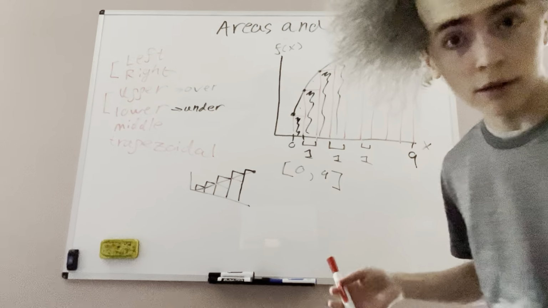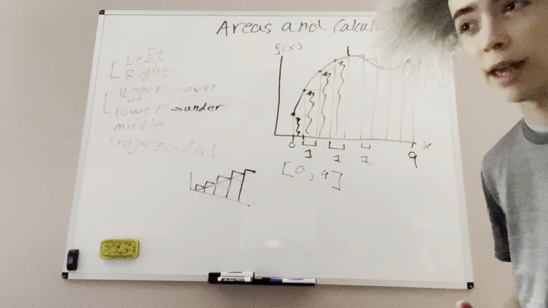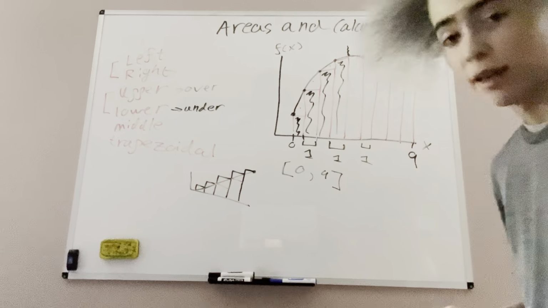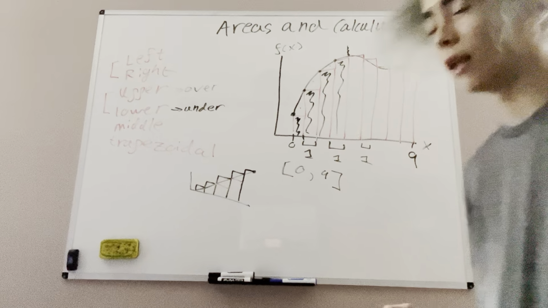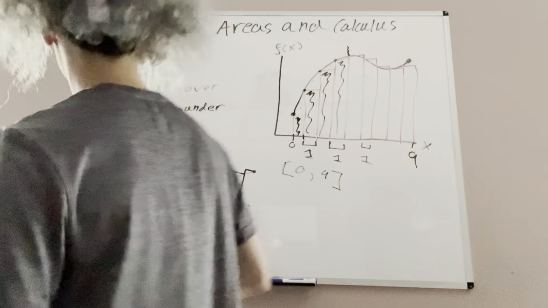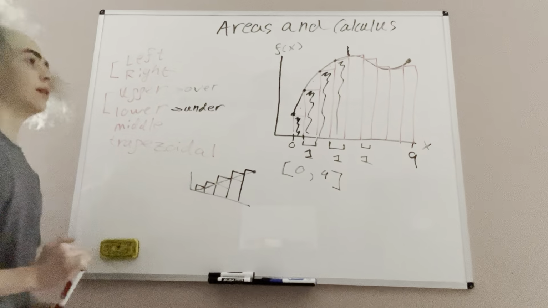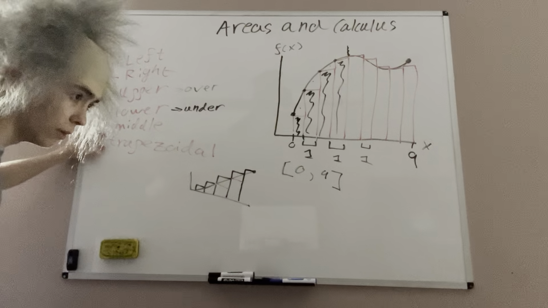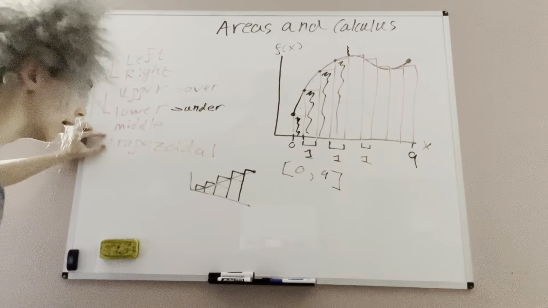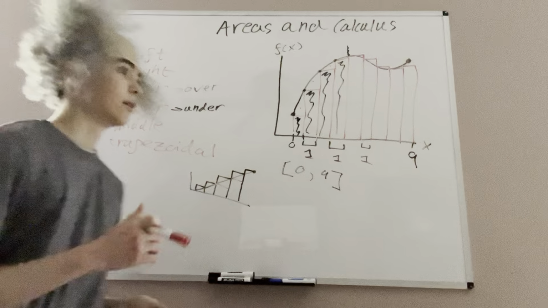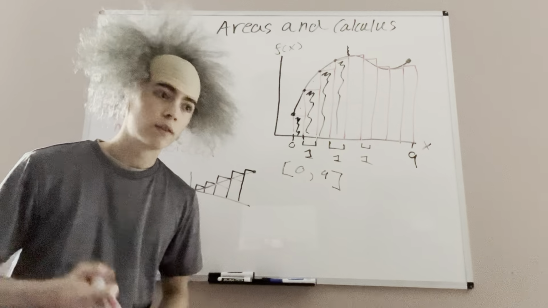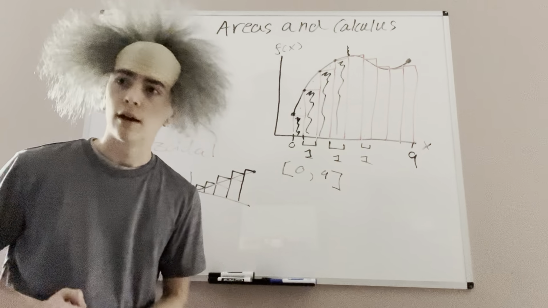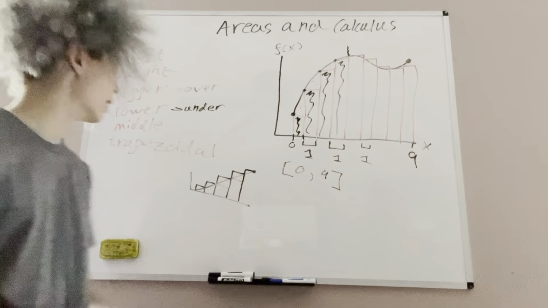If we draw larger boxes and fewer of them, we're going to have a less accurate area approximation, right? And so now, lastly, we can use middle and trapezoidal sums as other methods of reducing error, or simply using another method of approximation, right?